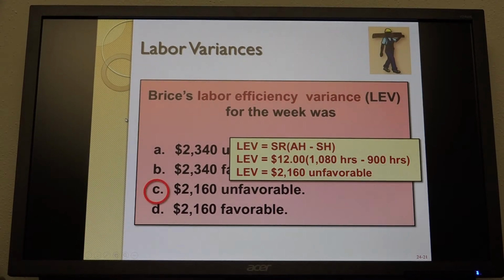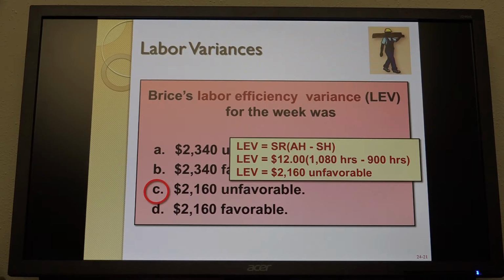And so you can figure out your labor efficiency variance by taking your standard rate of $12 and multiplying it by the difference between the actual hours minus what they determined is the standard hours to produce these items, which is going to leave you with an LEV of $2,160 unfavorable.